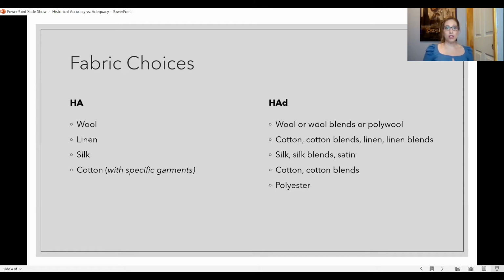I would say that even in fabric choice, most of the fabric choices that we choose probably go more towards the historically adequate side because we don't have the same materials that they had, even if we try to replicate it exactly. So there's some balance there. Again, this is probably the most accessible part of trying to aim at strict historical accuracy, but it's still a tricky thing to aim at.